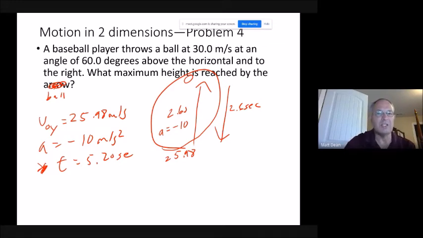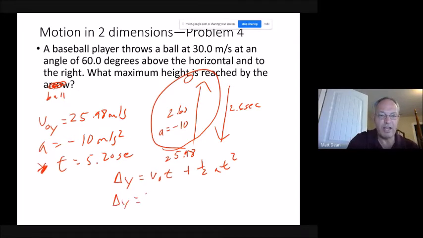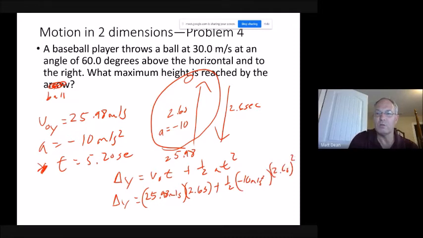So maybe the easiest way to find that would be delta y equals V0 t plus 1/2 a t squared, where our initial velocity is 25.98 meters per second times our time of 2.6 seconds plus 1/2 times negative 10 times 2.6 seconds squared.